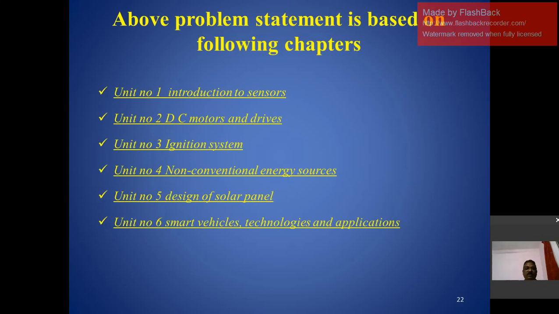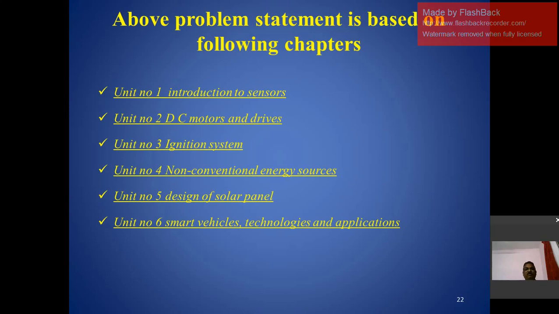What chapters are required to solve this given problem? Okay. So the above problem statement is based on the following chapters. Above means previous slide problem. So for solving that problem statement, the following chapters are required.